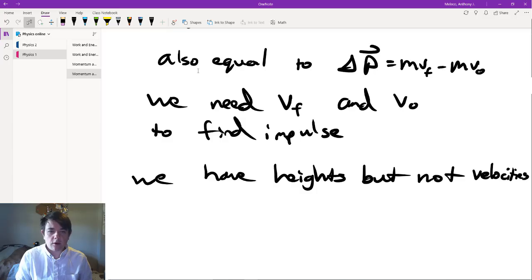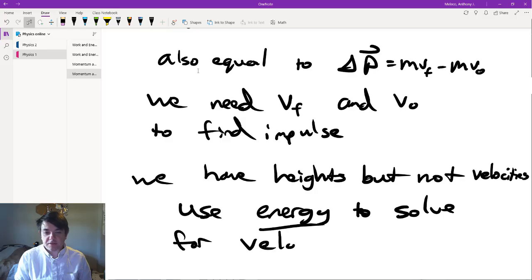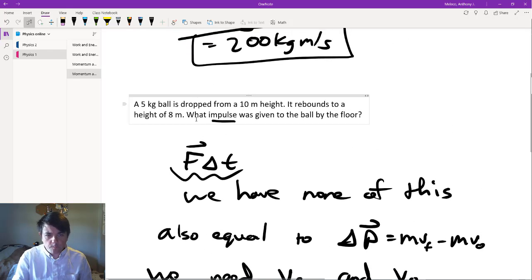So what can we do here? Use energy. We can use energy here to solve for velocities. We have a height of 10 meters for the first one, 8 meters for the second one.